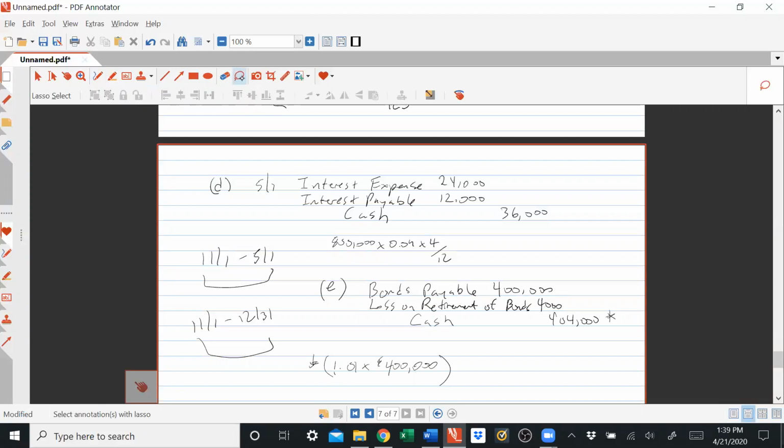So 2 debits and 1 credit that total to the same amount. In order to not have this obligation, we had to give this much up of assets. Since we had to give up more in assets than the reduction in our obligation, the difference is a loss.